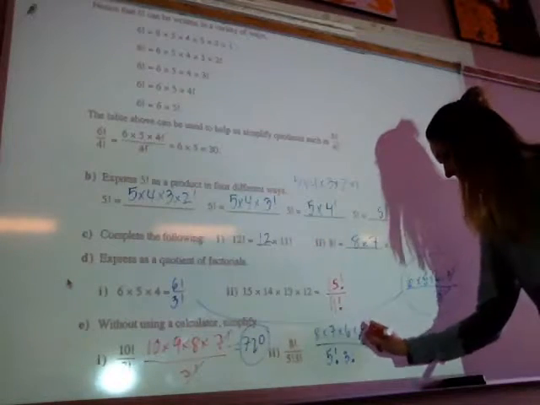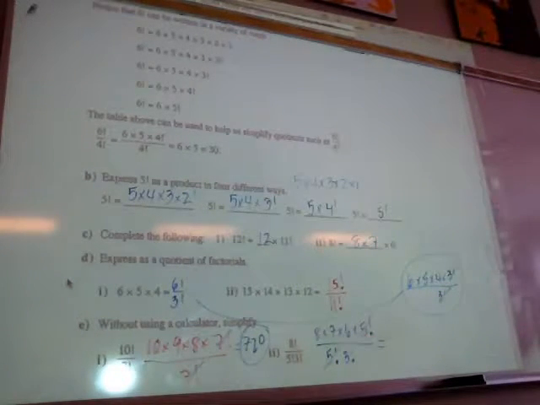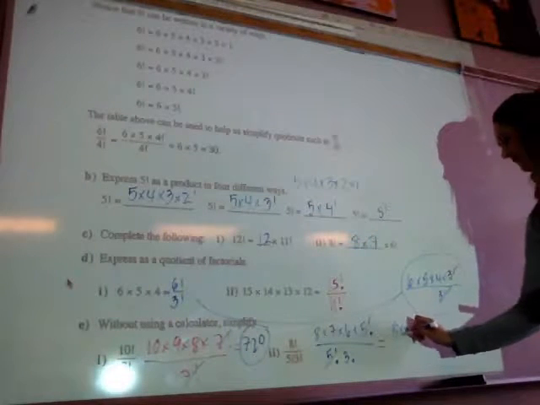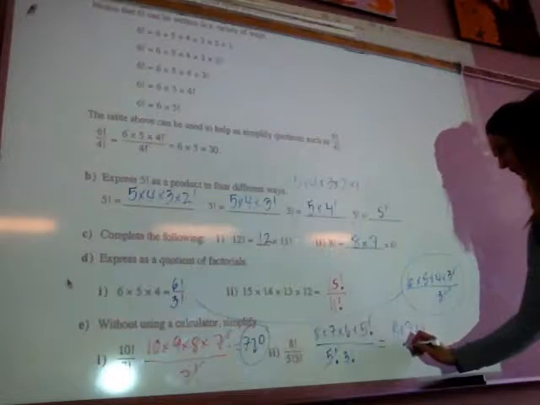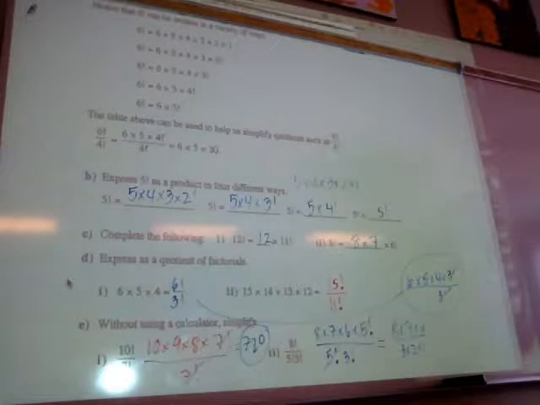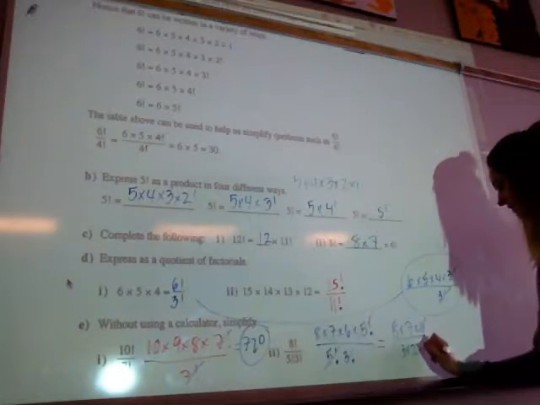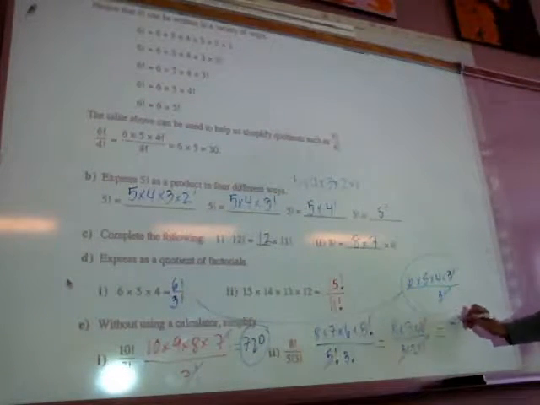Okay, so 5 factorials cancel out. And then we have 8 times 7 times 6. 3 factorial is actually 3 times 2 times 1. What's the value of the denominator? 6. So we can cancel out the 6. And we're left with 56. 8 times 7.